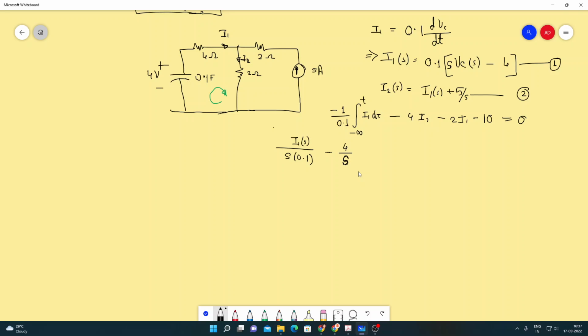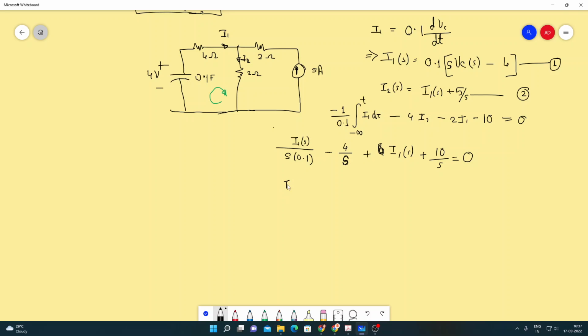So that's the voltage, plus 6 I1(s) plus 10 by s equals 0.